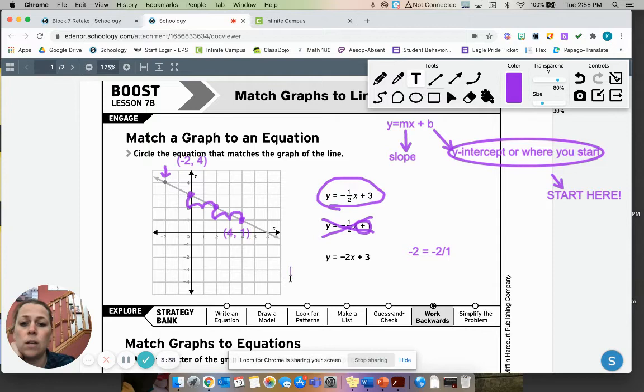So what I would do is I would take 4 minus 1, which equals 3. Then I would take negative 2 minus 4, which equals negative 6. 3 over negative 6 simplifies to negative 1 over 2. Okay? If you need a moment to copy this down, go ahead and pause the video.